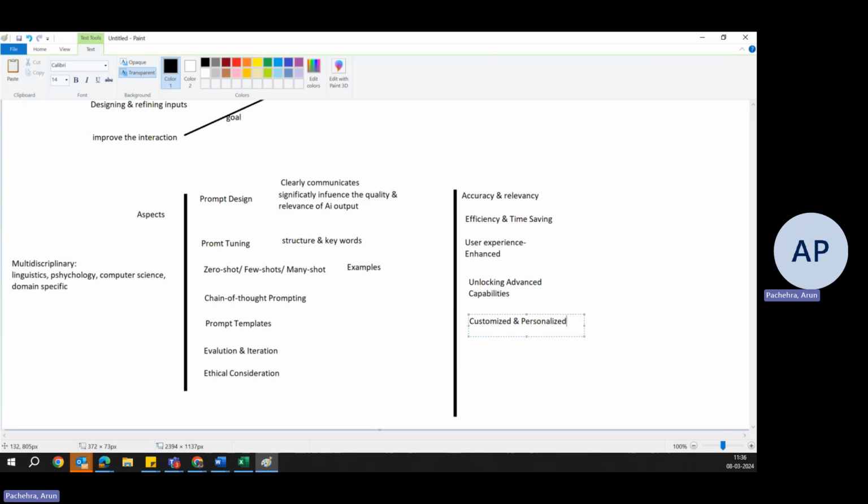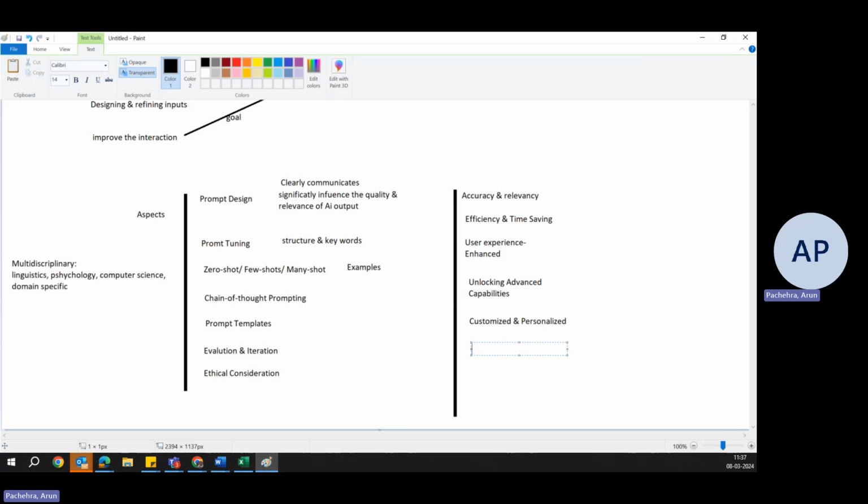So with correct prompt engineering, you can have personalized and customized desired outputs. And of course, along with all these benefits, the ethical consideration we talked about last is still relevant, because we can mitigate ethical risks and biases while doing thoughtful prompt engineering.